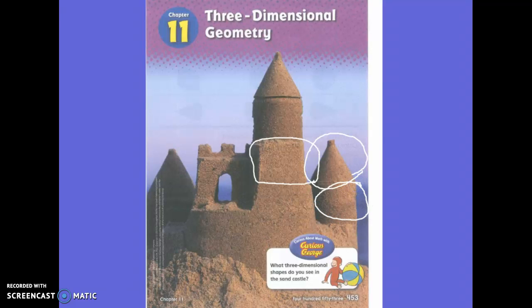Very good job. Okay. So, how would you describe a cube?